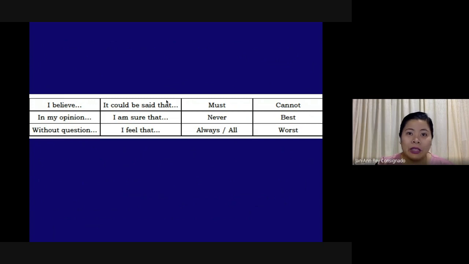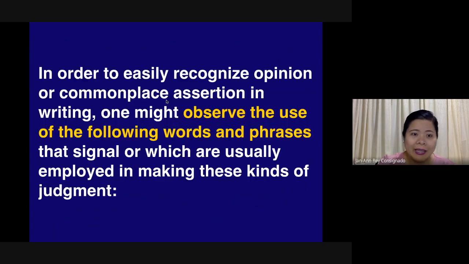These terminologies, these phrases are very significant.